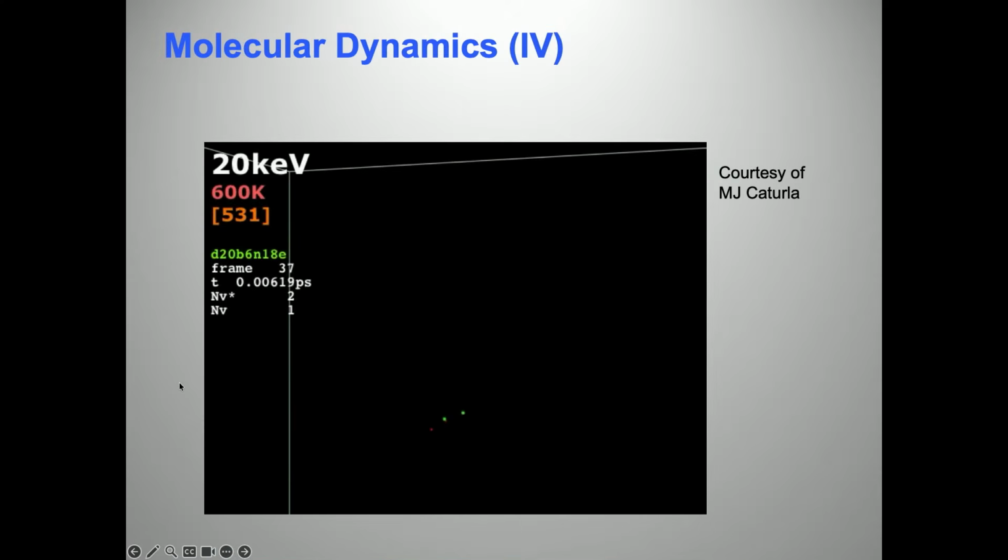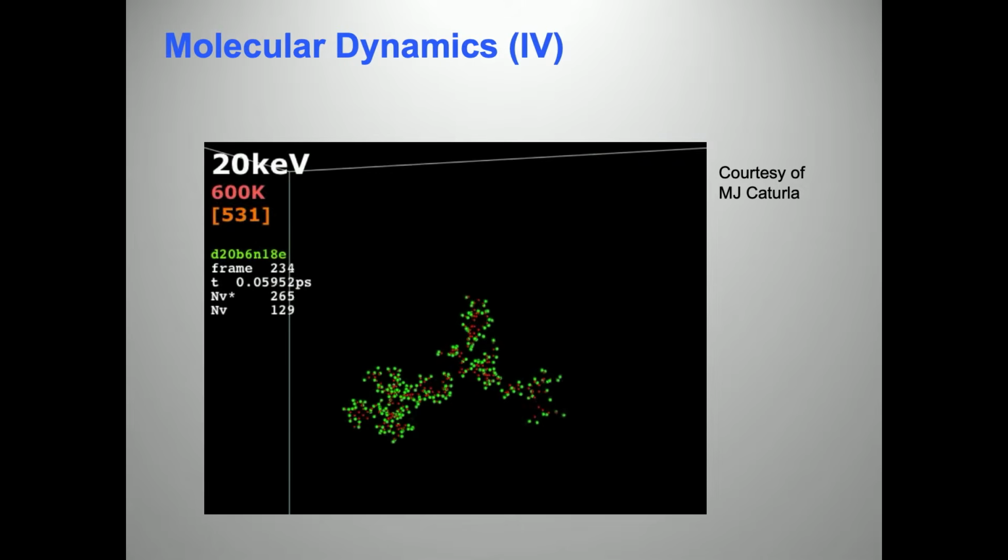This is the impact of a neutron on an atom, right there somewhere. And then that atom, which is known as the PKA, the primary knock-on atom, as I said, goes on to produce a cascade of displacements. And what you see here in red are vacancies. So lattice sites that used to be occupied, that are no longer occupied, they're vacant.